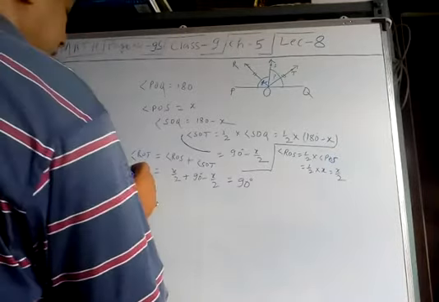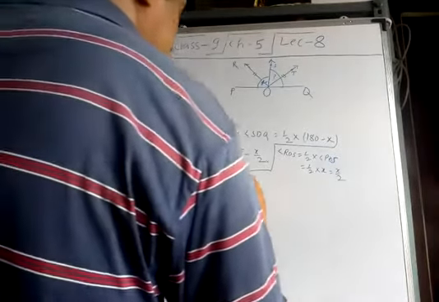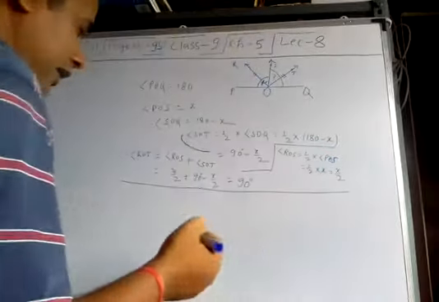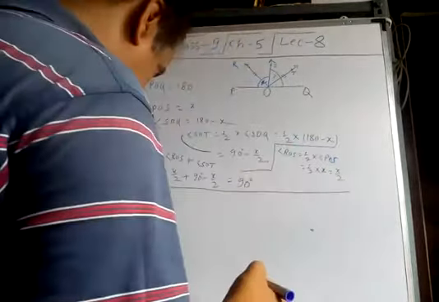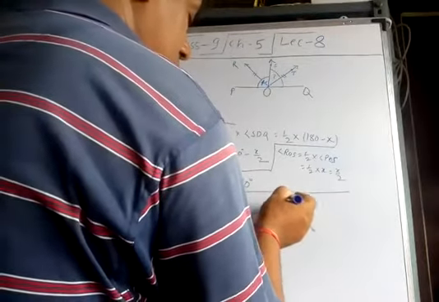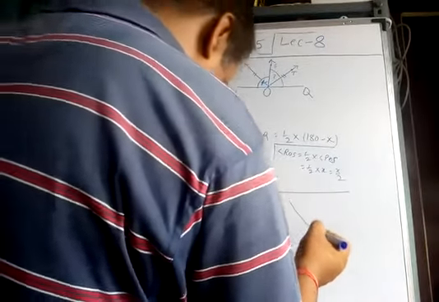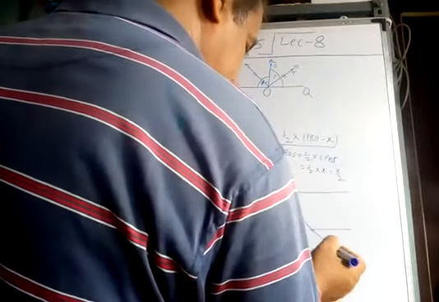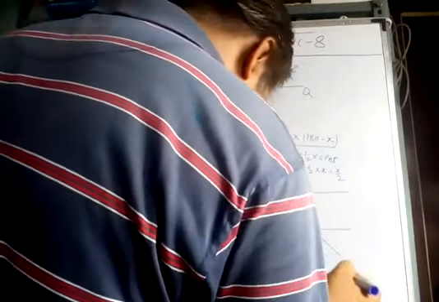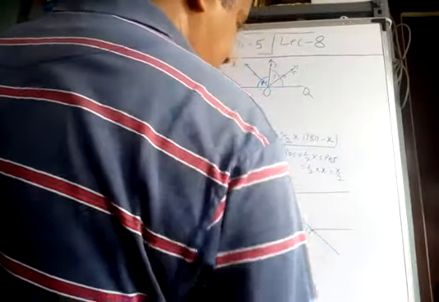So see the figure first. The figure is saying this is O and this is OP, then this is OQ, then OR and this is OS.